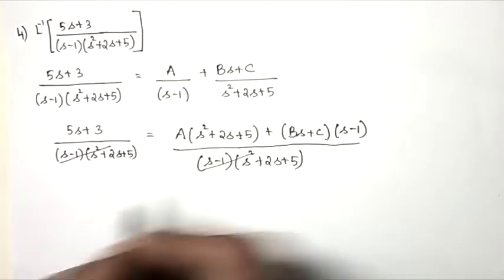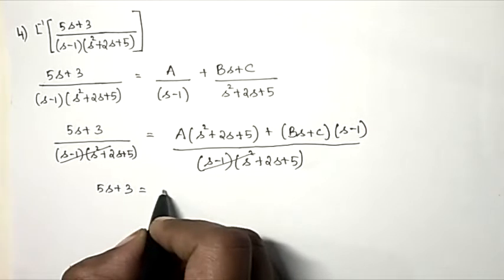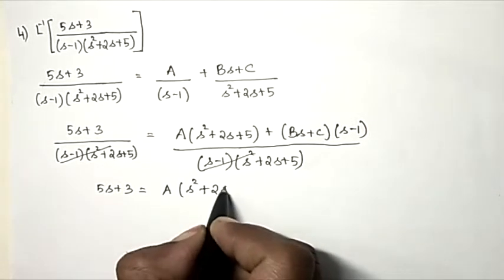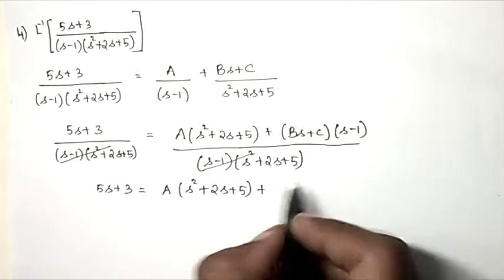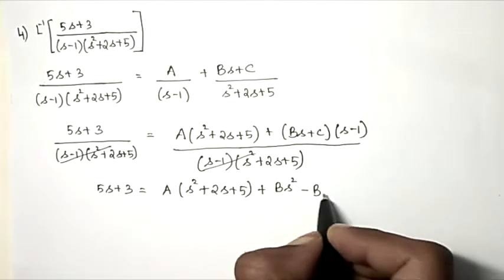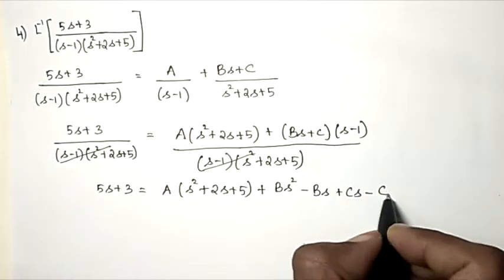Cancelling the denominators, I write 5s plus 3 equal to A into (s square plus 2s plus 5) plus, I will multiply these two terms, Bs square minus Bs plus Cs minus C.